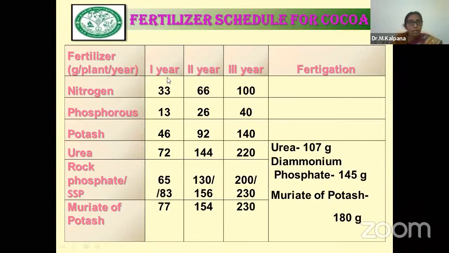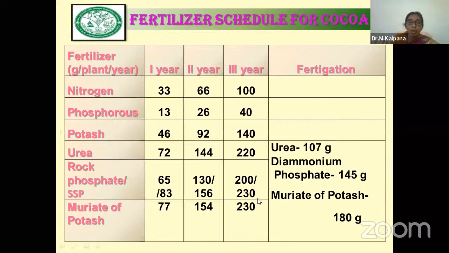In the first year, the nitrogen will be around 33 grams, phosphorus 13, and potash 46, supplemented in the form of urea, rock phosphate or single superphosphate, and muriate of potash. When it comes to the third year, it is around 40 grams nitrogen, 30 phosphorus, 140 grams of NPK in total, supplemented in the form of urea 220 grams, single superphosphate 230 grams, and muriate of potash around 230 grams.